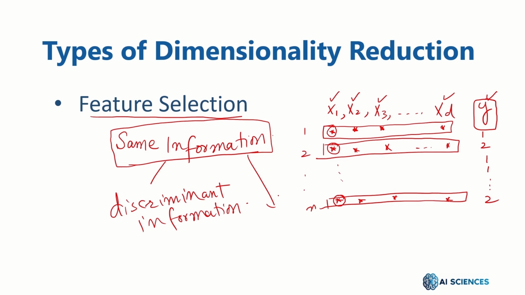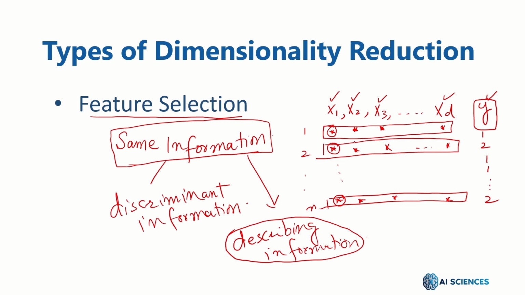Or the information might be the describing information, which means the subset of the features is as descriptive as the total number of features. In other terms, sometimes we call this reconstruction information, or the information that describes the whole sample.